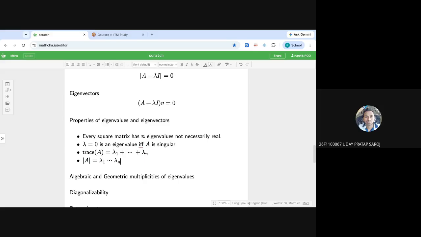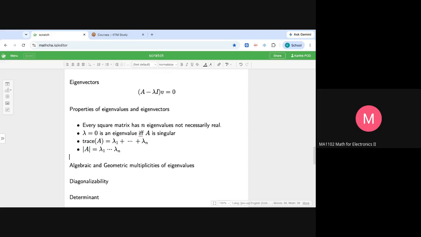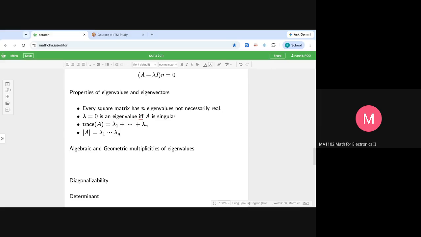That is my preference, because otherwise there's a whole lot to memorize, and as we solve problems, some of the things naturally start to commit to memory, which is better. So that is regarding the main properties of eigenvalues and eigenvectors, and then we have, of course, the multiplicity.